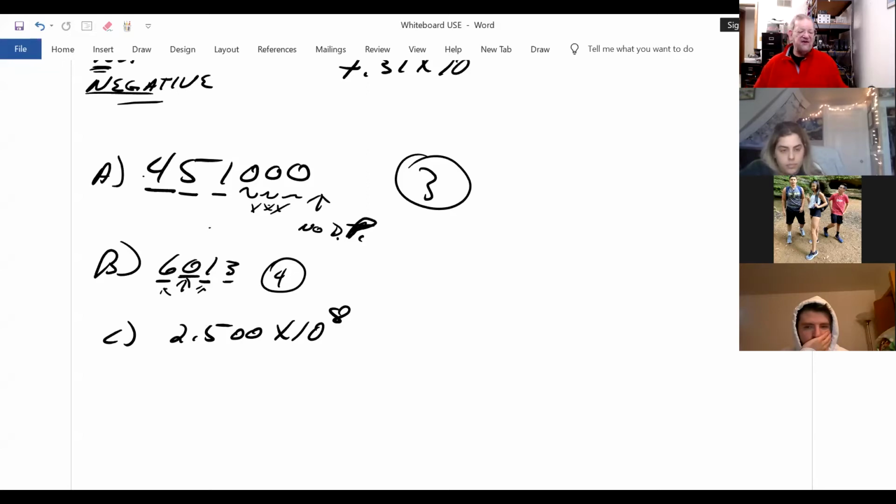How many significant figures in this number? 2.500 times 10 to the 8th. And just so you can see it, there's the decimal point.